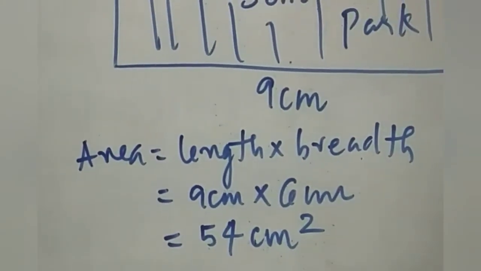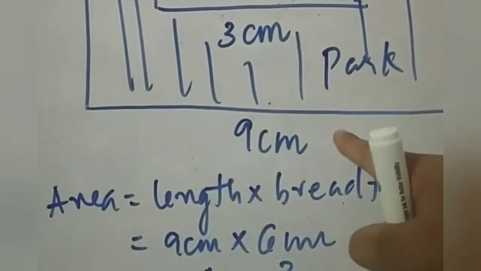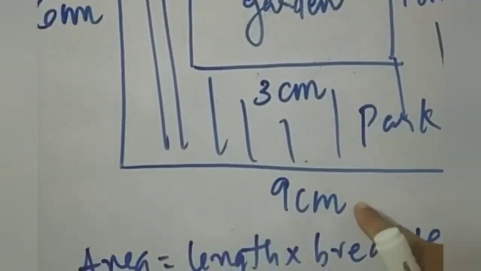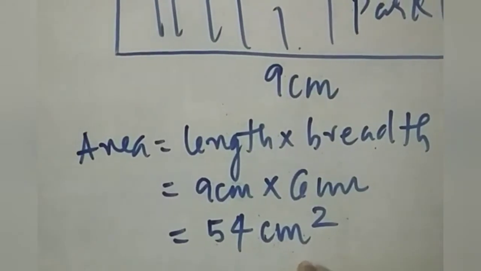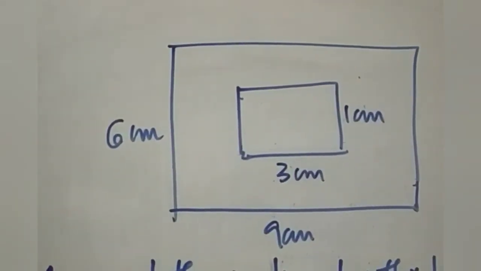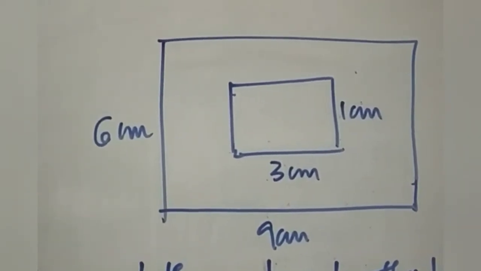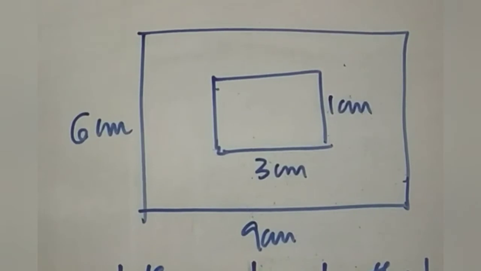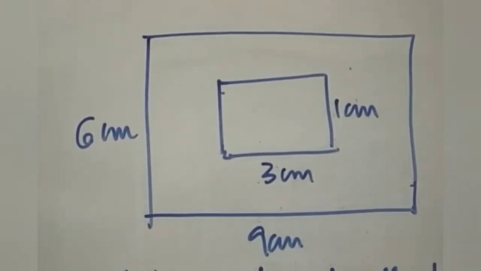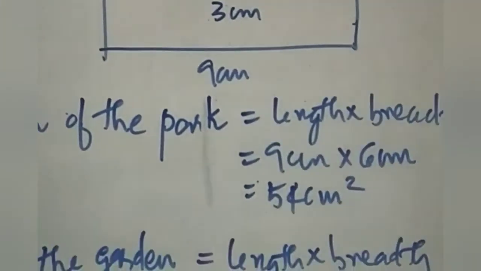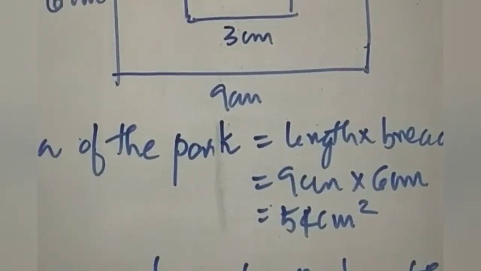The unit of area is centimeter square because here the length and breadth are given in the unit centimeter. So we have found out the area of this large rectangle. And here the large rectangle is actually the park. So the area of the park is 54 centimeter square.